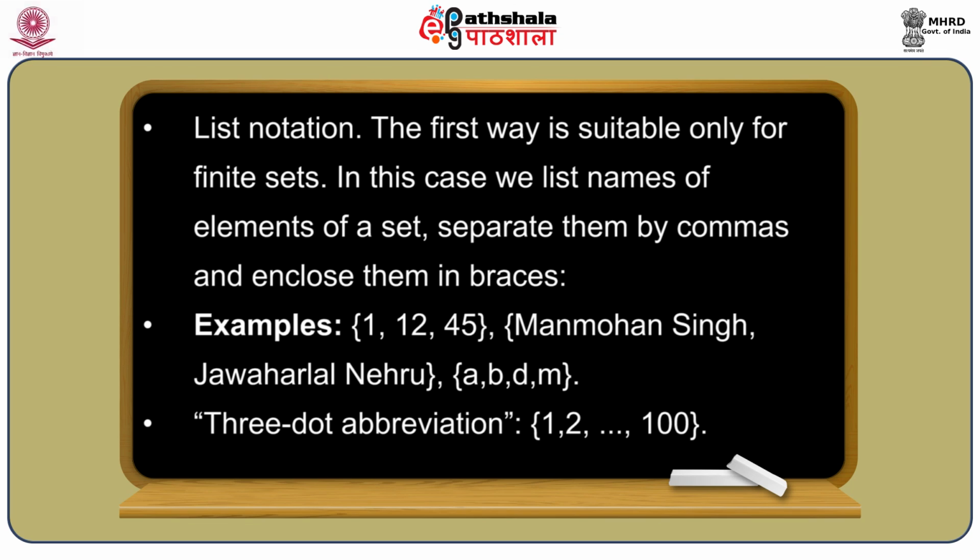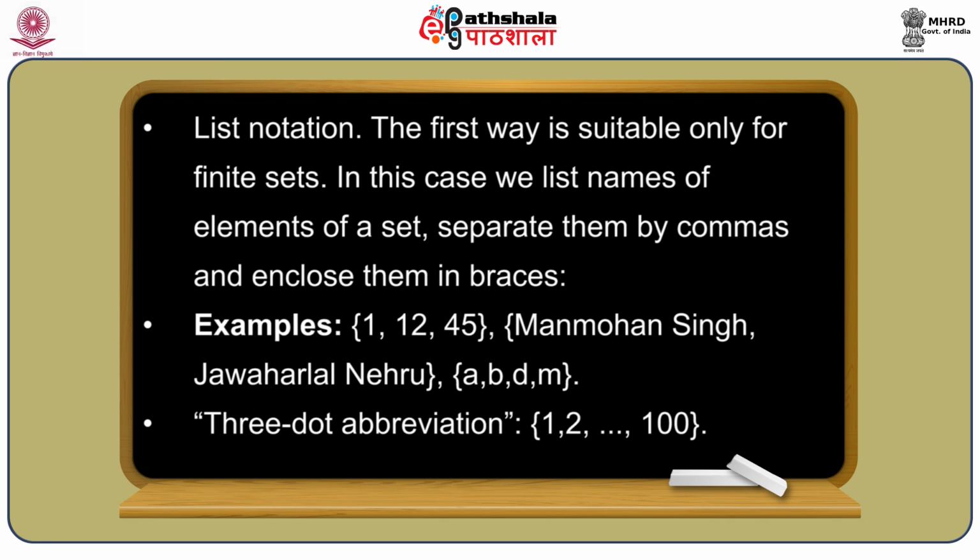For example, if we say {1, 12, 45}, that means the set whose members are 1, 12, 45, and nothing else. Or {Manmohan Singh, Jawaharlal Nehru}, {A, B, C, D, M}.